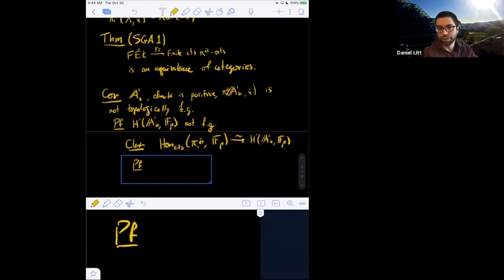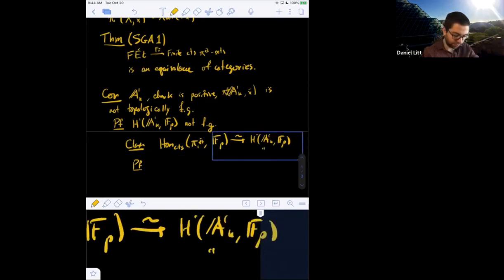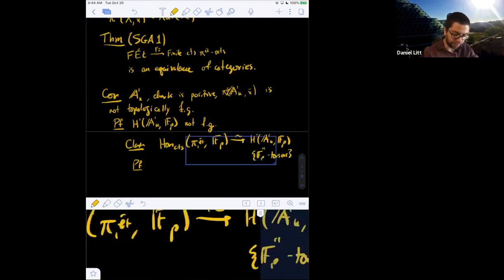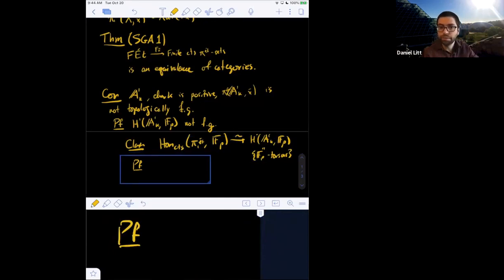So how does one go from left to right here? How does one go from a map into FP to, well, what is this thing? This is FP torsors, locally split in the étale topology. Any thoughts?